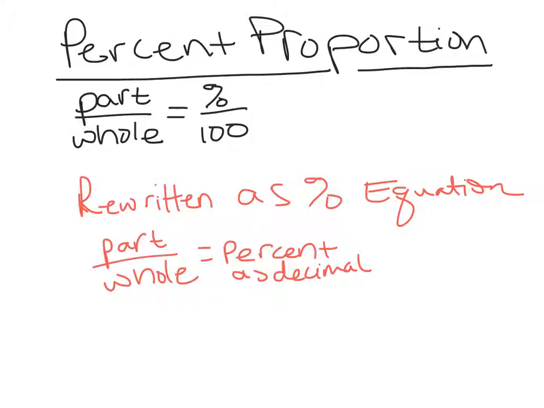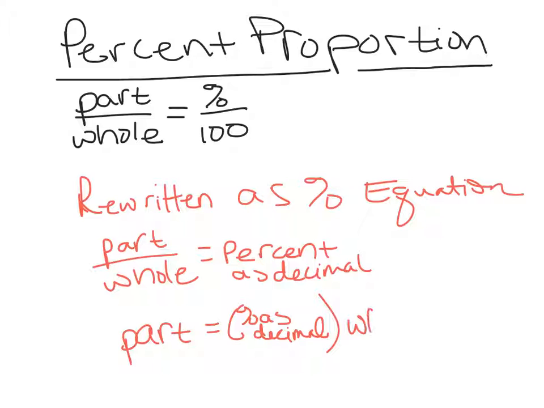And then if you want to set that up as an equation, you can rewrite it as the part is equal to the percent as a decimal times the whole.